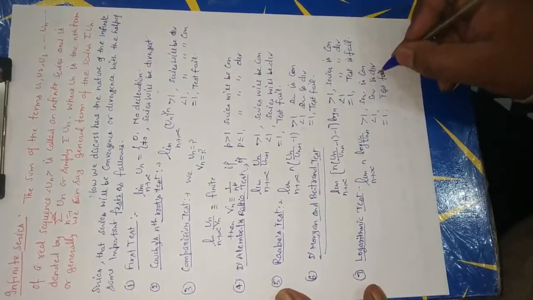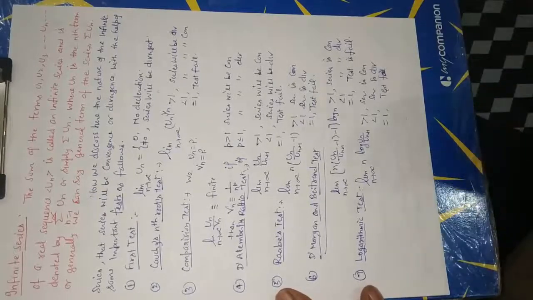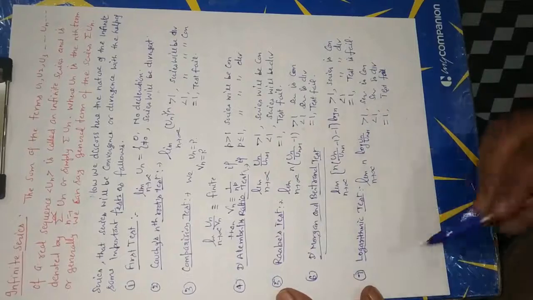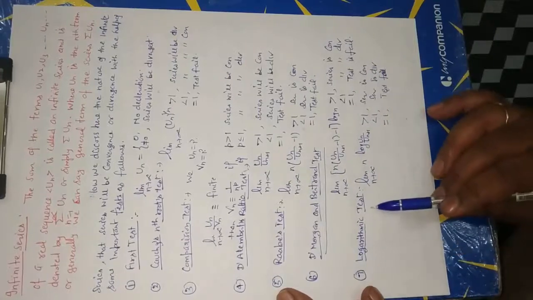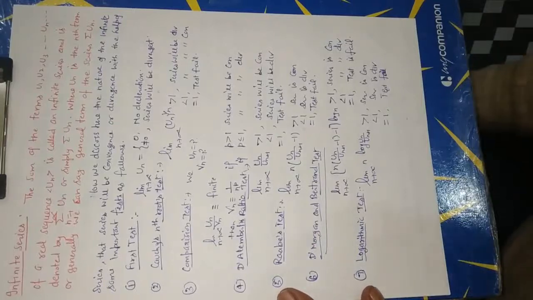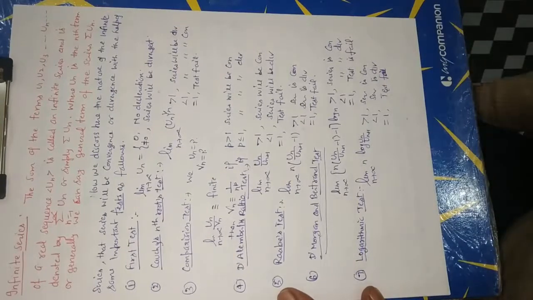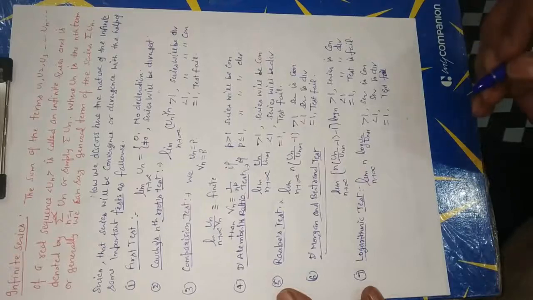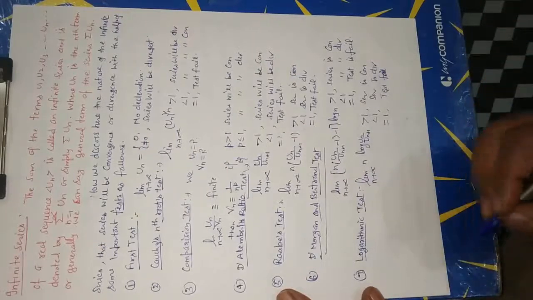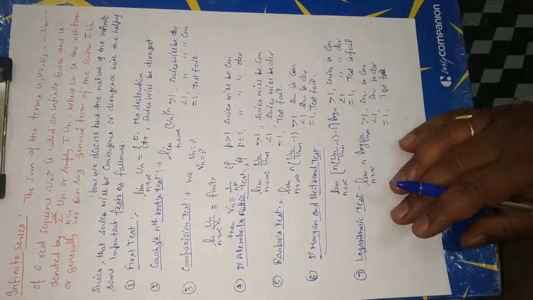Okay? Now the most important concept here: the logarithmic test is applied only when un upon un plus 1 whole power is very large. Then we apply the logarithmic test in the infinite series. Okay? In case the test fails, then we apply the next test.